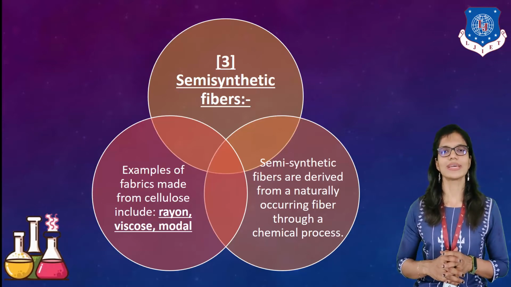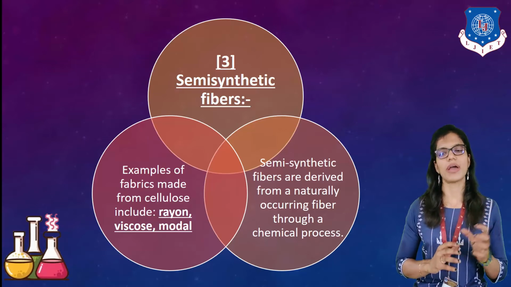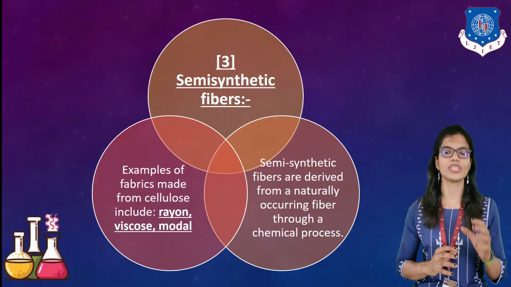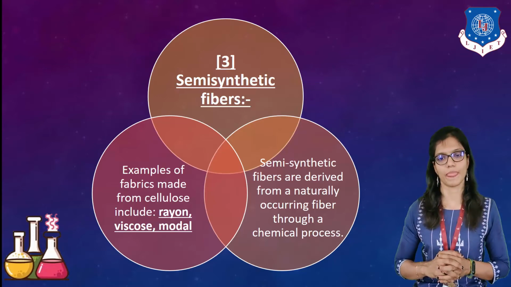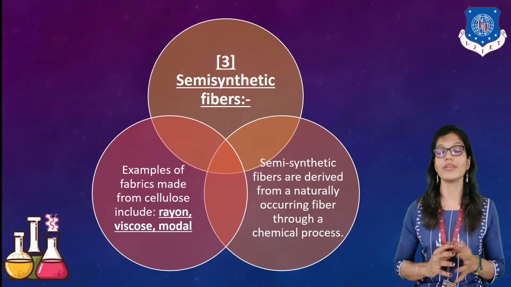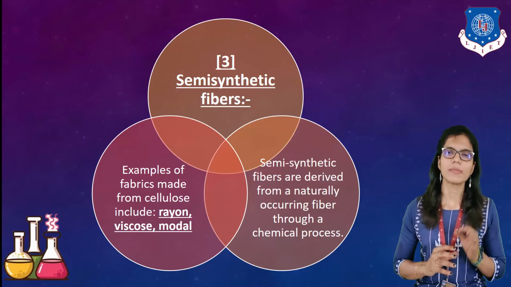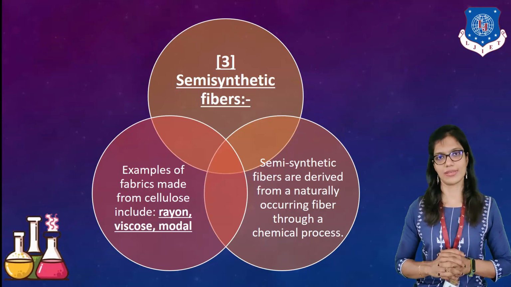Now next one is semi-synthetic fiber. Semi-synthetic fibers are derived from a naturally occurring fiber through a chemical process. For example, the fabrics made from cellulose include rayon, viscose, modal, etc. They are the best examples of semi-synthetic fibers.